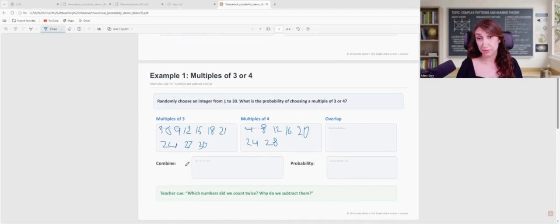But be careful because we have "or" here, multiple of 3 or 4. So here we have 2 numbers which are counted twice. Which are those numbers? 12 and 24.